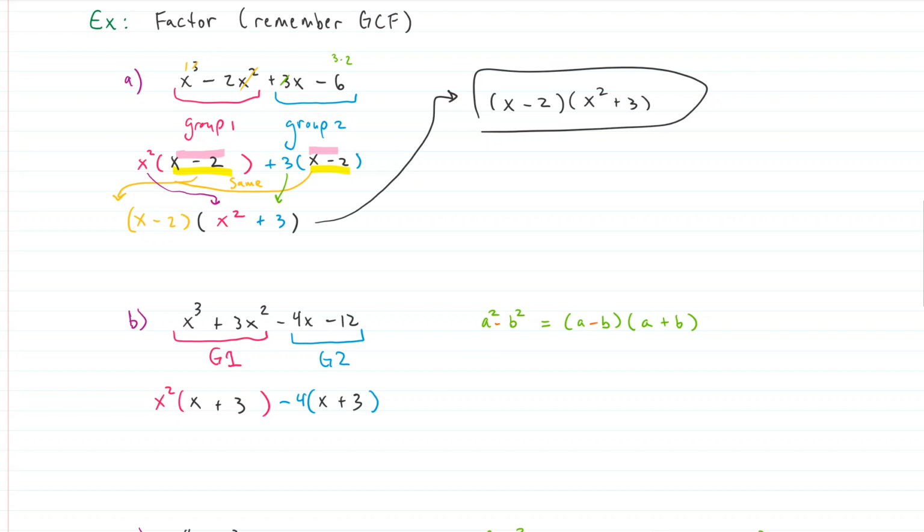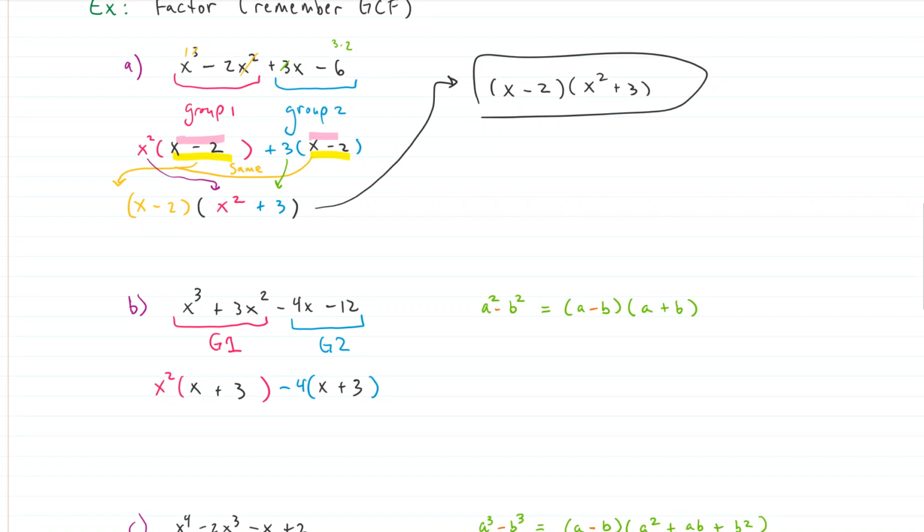If you ever want to check this, just to see if you're not crazy, you can multiply back, distribute back everything that you just factored, and see if you got back to the original. So lucky for us, same thing, right? That's exactly what we wanted.